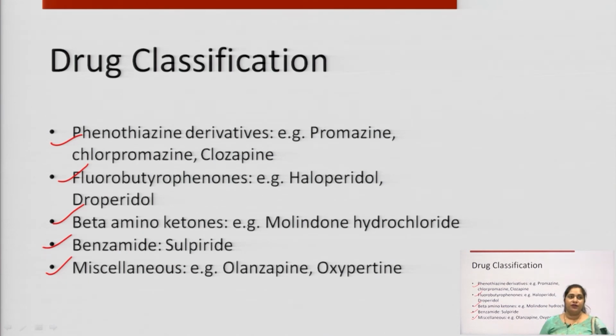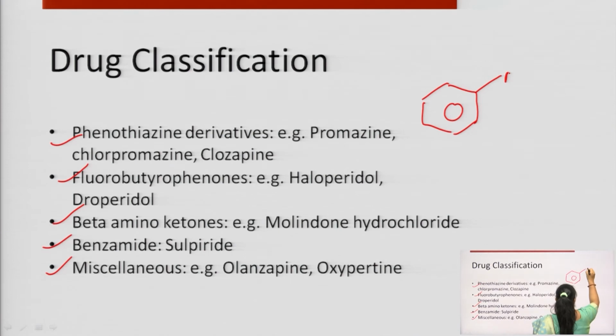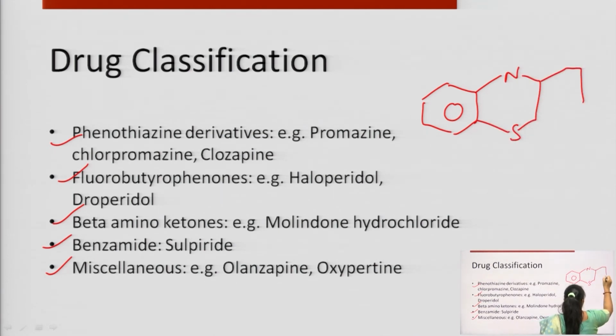So, first of all, phenothiazine derivatives we have studied. In this case, we have two phenyl rings that sandwich one nitrogen and one sulfur, forming another ring. So, this is the common structure of phenothiazine.